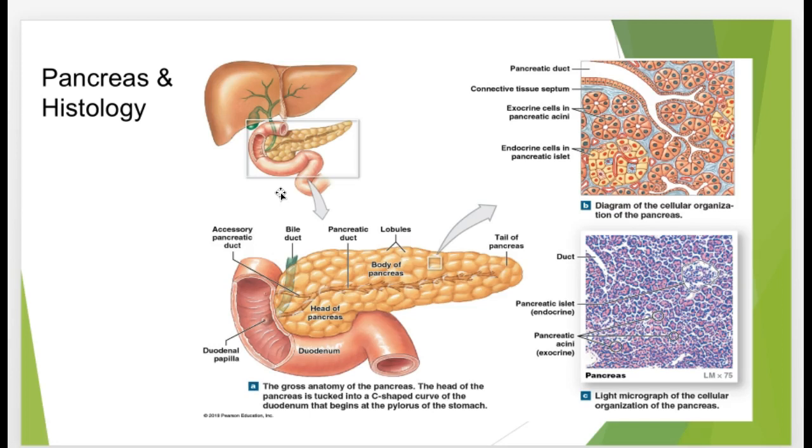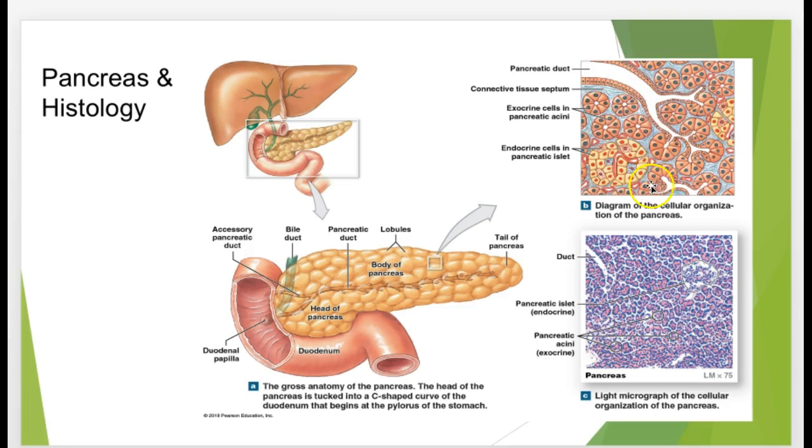It's like your dishwashing soap, right? The reason that soap can break down the fatty scum and dirt on your dishes is because it's emulsifying those food particles. That's exactly what bile is doing. It's wrapping itself around a fatty acid and able to break it down.